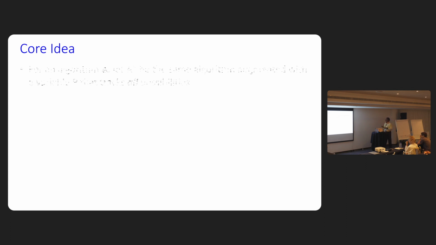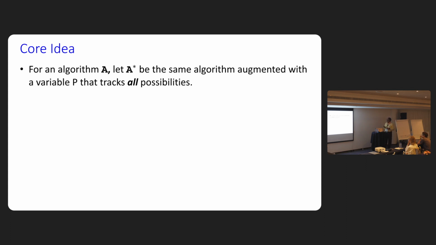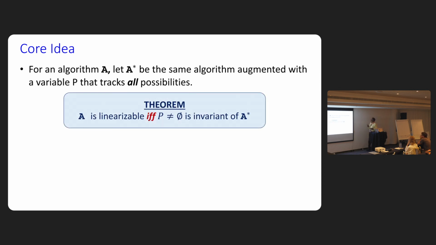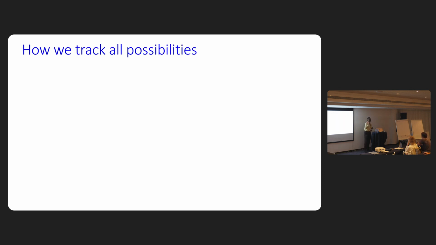Okay, core idea. Before we go to the core idea, any questions on the intuition behind what a possibility is? All of it is good. So here comes the main thing. We know by now that the possibilities keep changing with time, right?